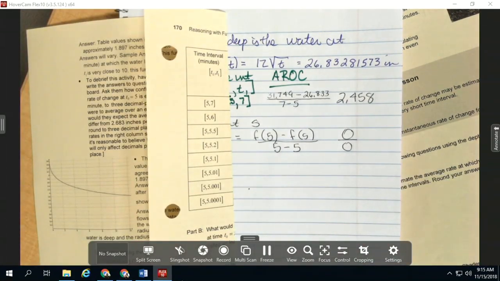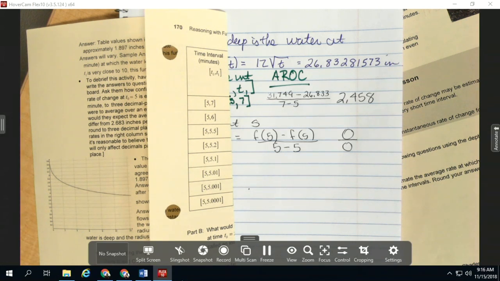Now, the reason we can't do the math, that does not mean the slope is 0. Right? Because think about what we know about fractions. If the numerator is the same as the denominator, the fraction is 1, right? If the numerator is 0, the fraction is 0, right?